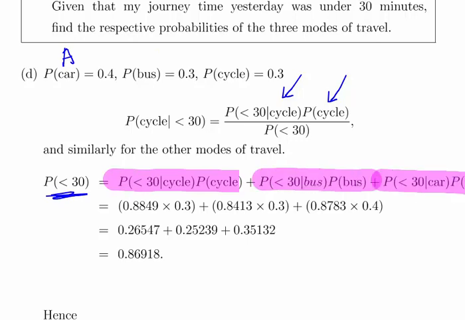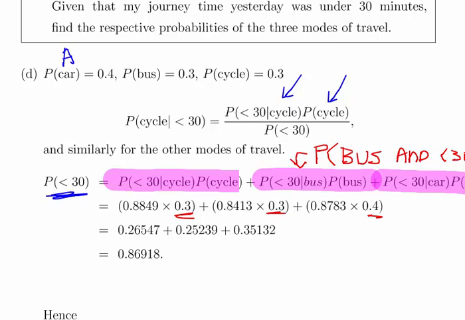In each of these, this is a bus and under 30. But what we're using is the conditional probability formula just to re-express that in terms of stuff we already know. We know the probability of cycling, the probability of taking the bus and the probability of taking the car are 0.3 and 0.4. That's what we're told.